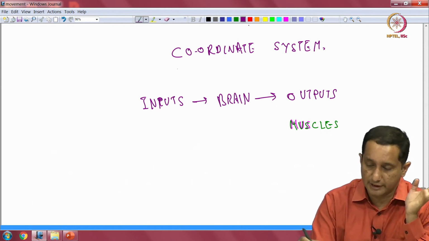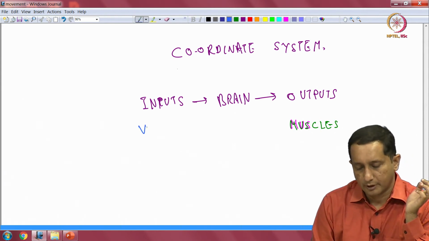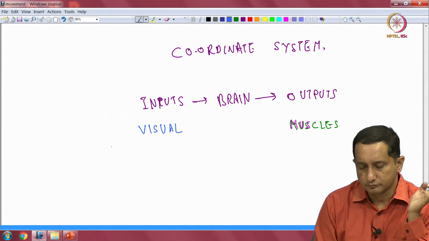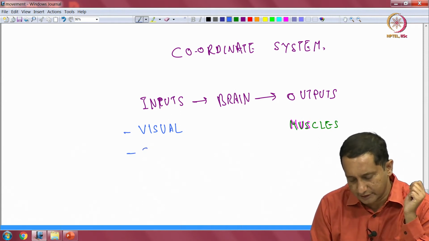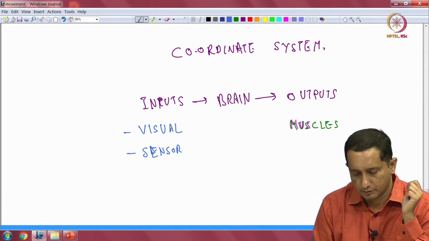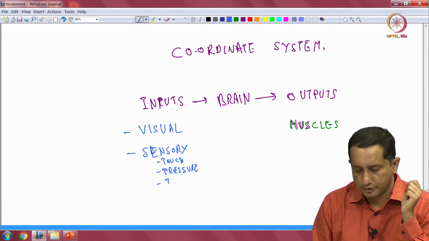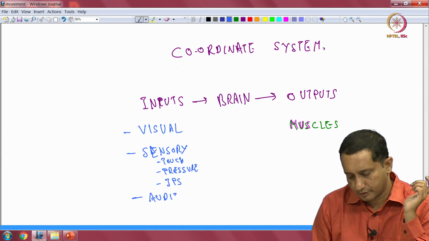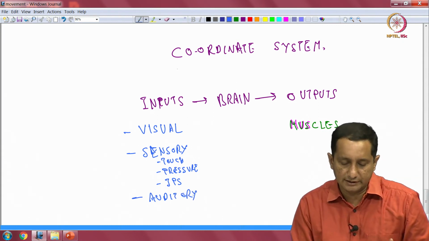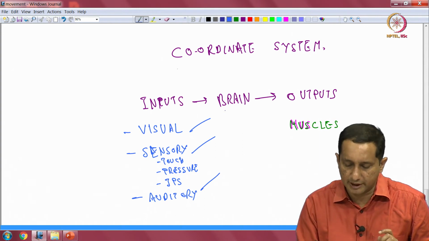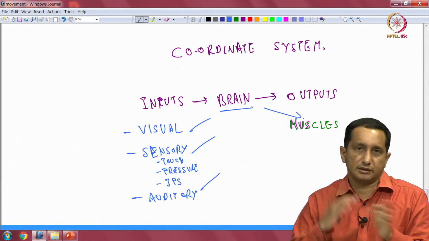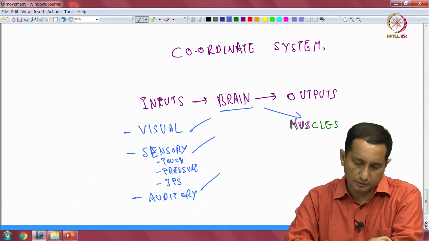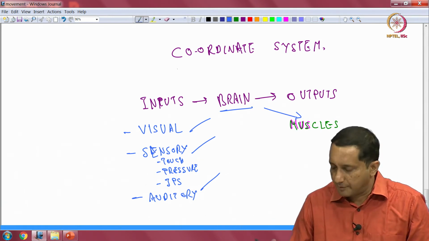You have so many kinds of inputs, primarily visual, then sensory as in touch, pressure, joint position sense, and you also have auditory. All of these things have to be integrated in the brain, and the output is what is implemented by the muscle. So, you need to have a mapping system.